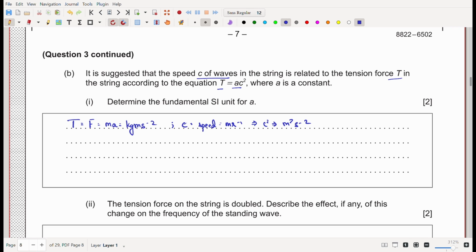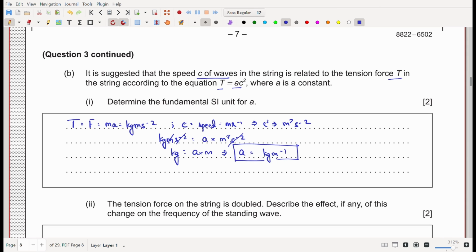Now let's compare the two, shall we? Kilograms meter per second squared is equal to A times meter squared second inverse squared. You see the seconds just neatly cancel out, and one of the meters cancels out. So kilograms is equal to A times m. So A is going to have the unit of kilograms meters inverse.